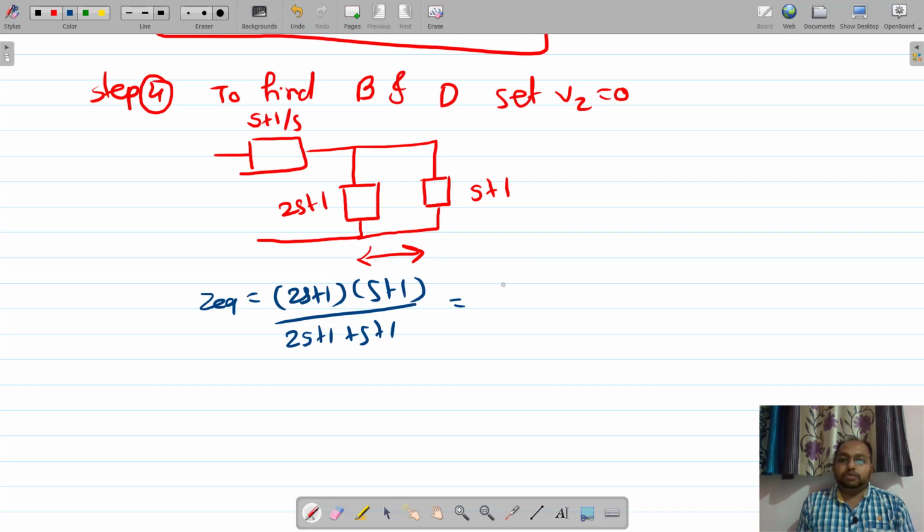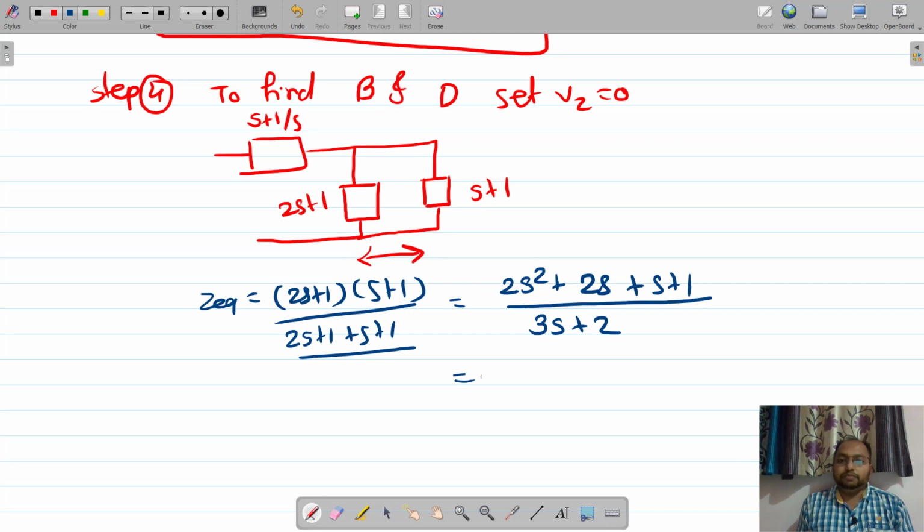Twice s into s is twice s square, plus twice s into 1 is twice s, plus s plus 1. That's it. So 3s plus 2 is the addition of this. Therefore 2s square plus 3s plus 1 divided by 3s plus 2.